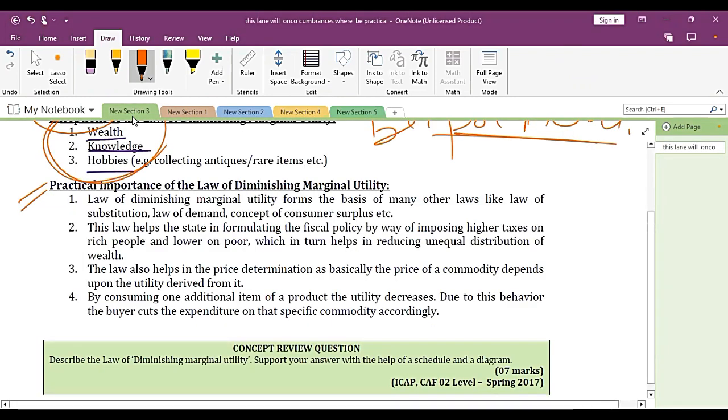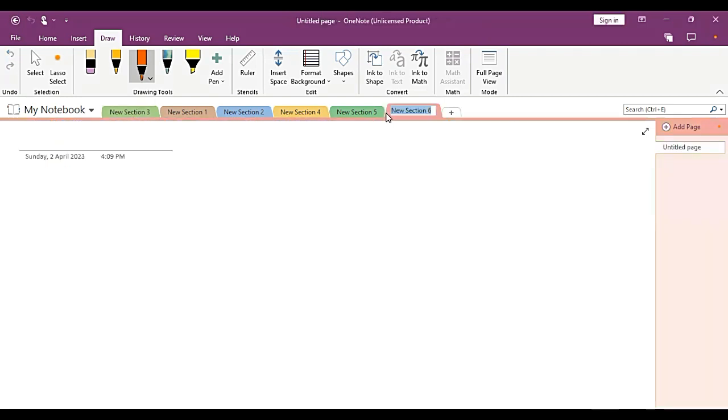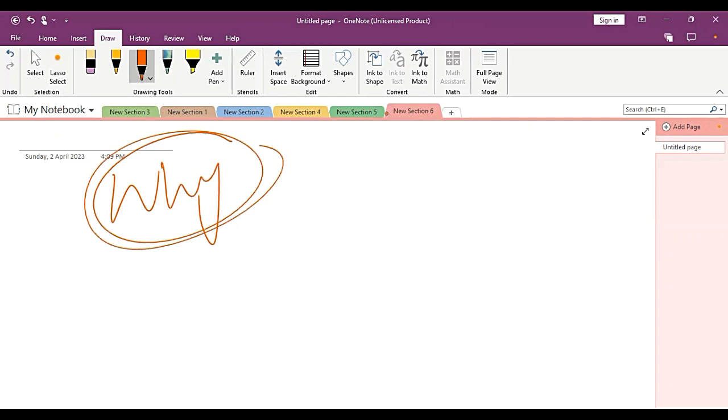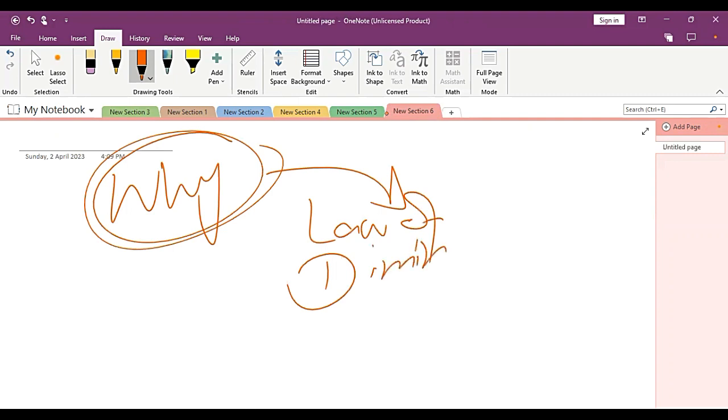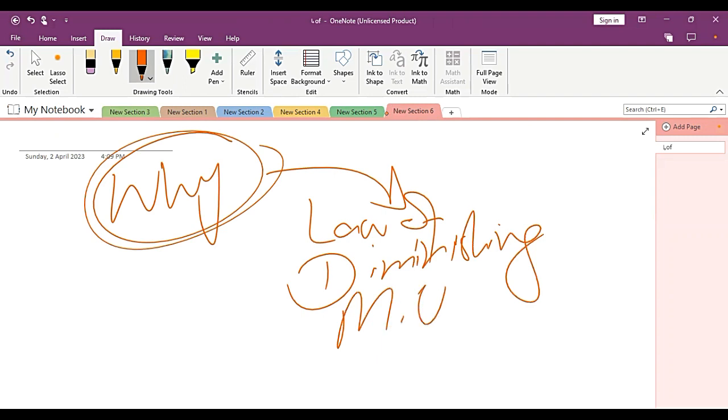In this class we will cover the practical significance or practical importance of the law of diminishing marginal utility, that is, why we need to study the concept of the law of diminishing marginal utility.